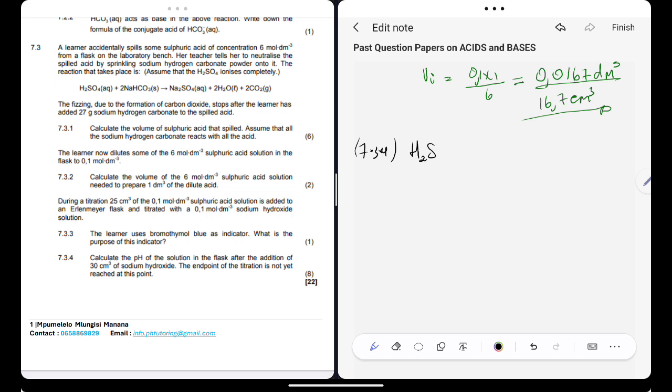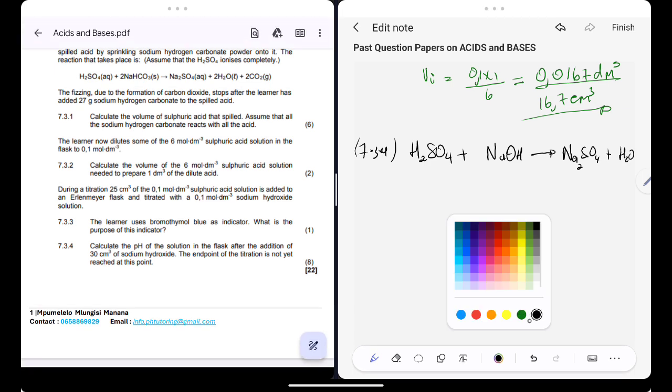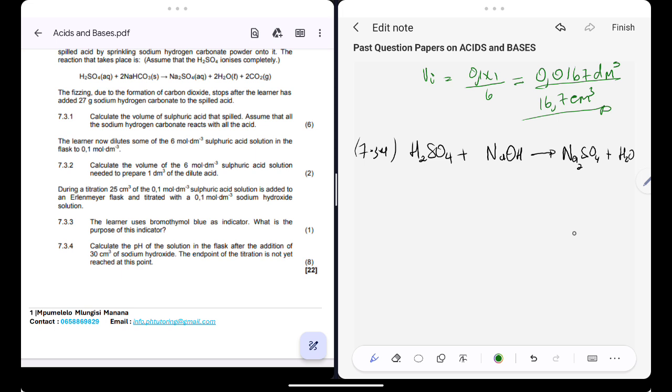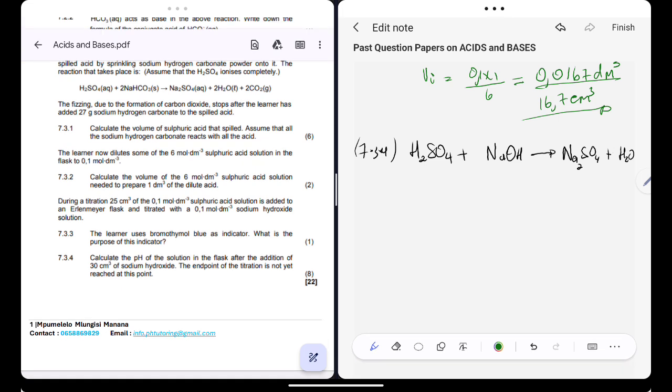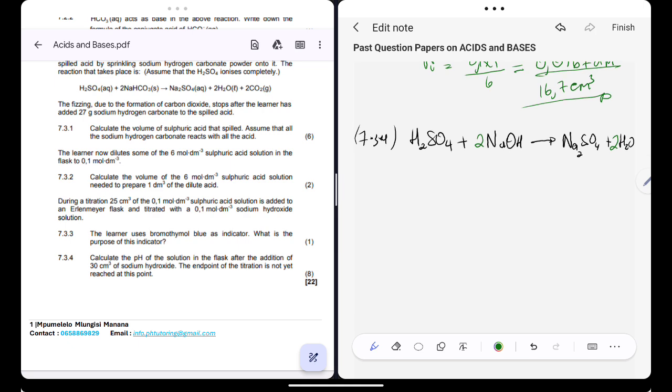I have H2SO4 plus NaOH. This will give us Na2SO4 plus water. Remember that, guys, whenever I mix an acid and a base, I must get salt and water.